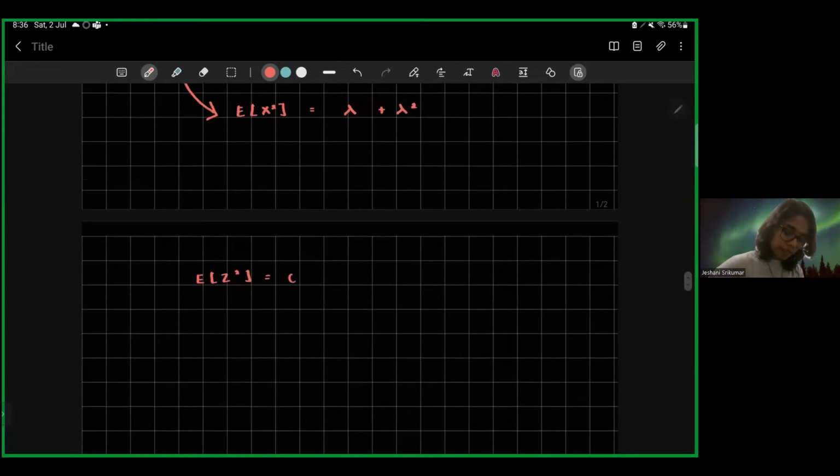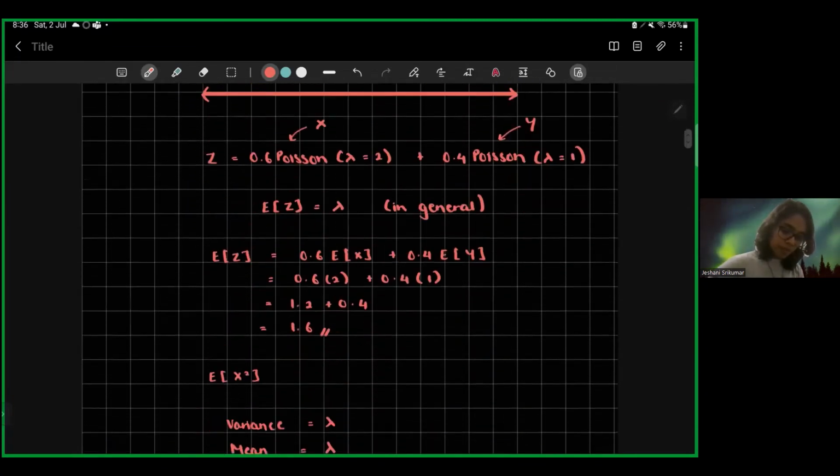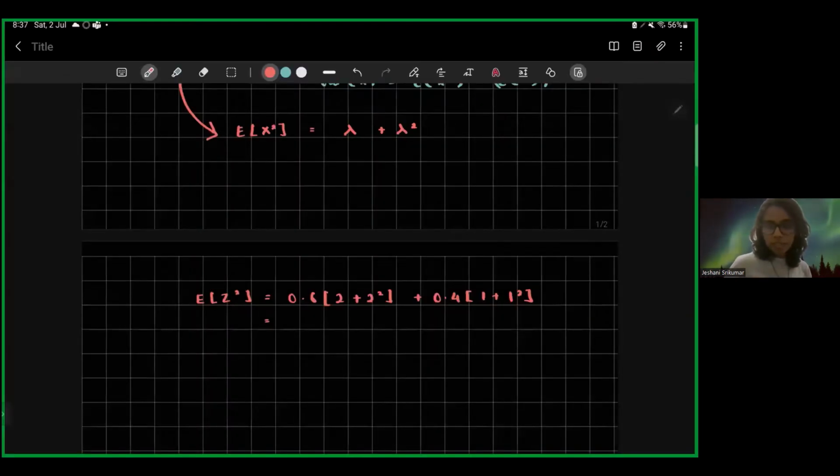So we have 0.6 into lambda is equal to 2, so 2 plus 2 squared, plus 0.4 into 1 plus 1 squared. So when you calculate this, the final answer that you get is 4.4.